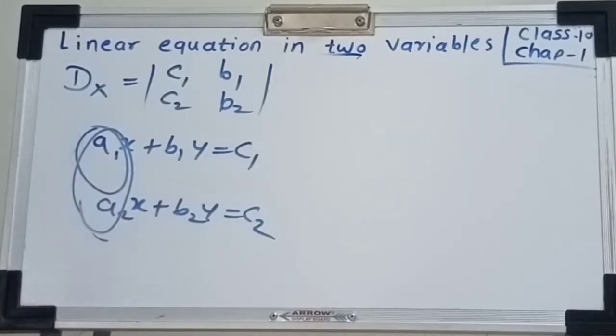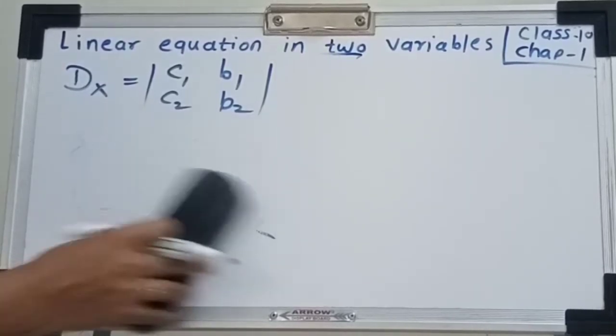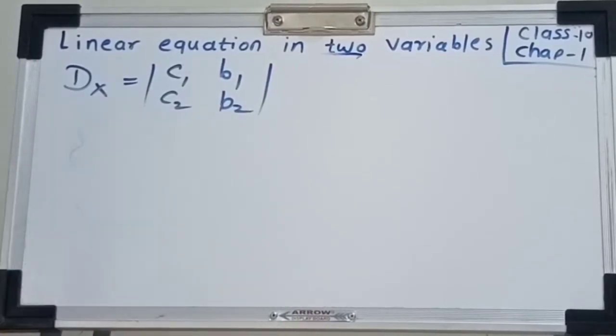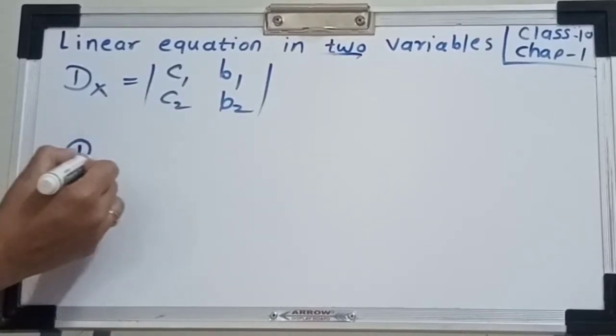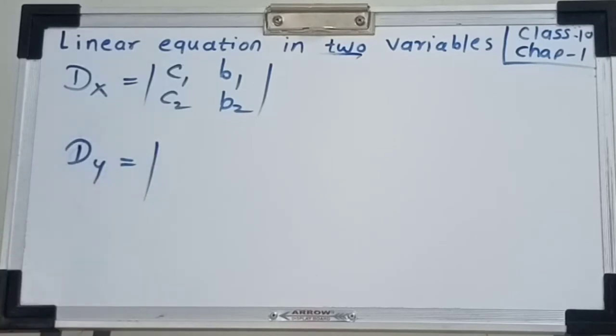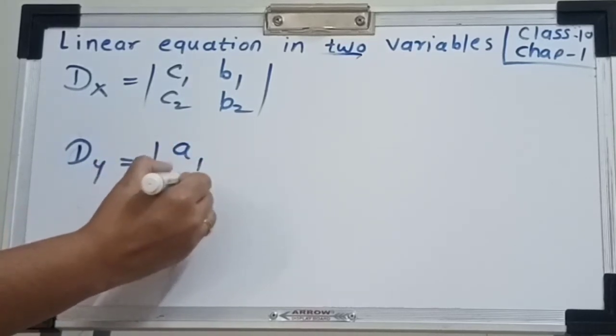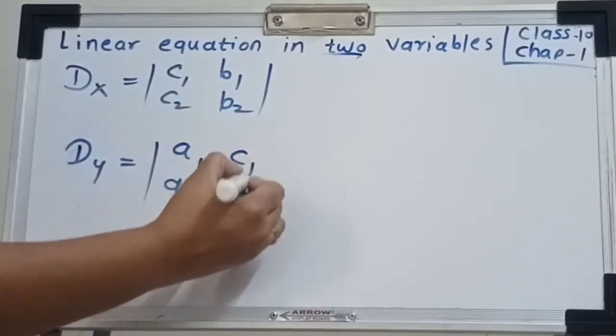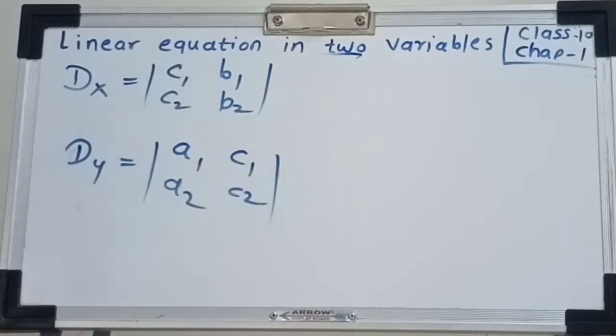This is Dx. And for Dy, the coefficients of y, B1 and B2, are replaced; we take A1, A2 and C1, C2. This is the formula for Dy. This is for Dx and this is for Dy.